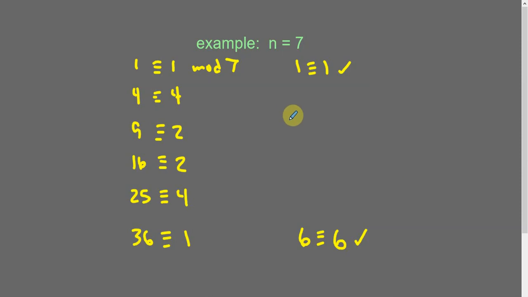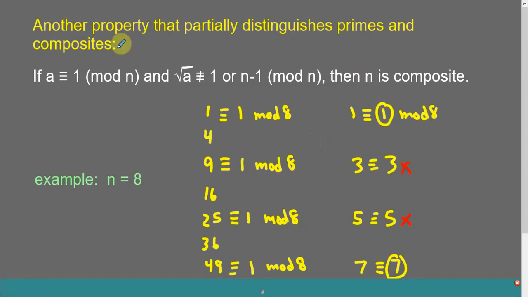So that means we can't say that 7 is composite. It does not mean that 7 is definitely prime, I should say. This, unfortunately, like Fermat's little theorem, doesn't say that if it always is 1 or n minus 1, then n is definitely prime. So again, there could be some composites that act like a prime with respect to this fact.